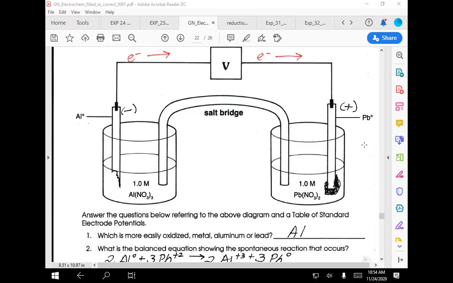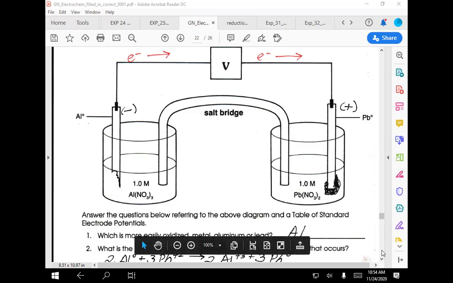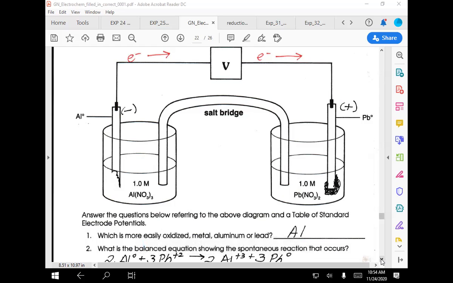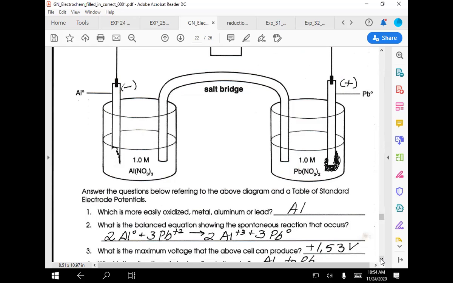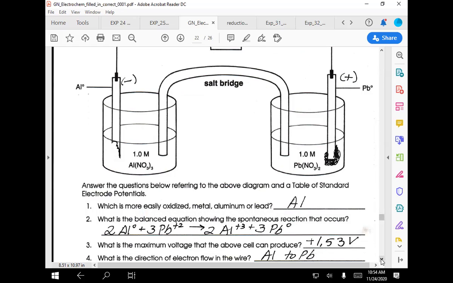Then you would want to do half reactions in order to answer these questions. So this particular worksheet asks some of the questions first before how do you do the half reactions. So I'll give you the answers and then we'll figure out why.